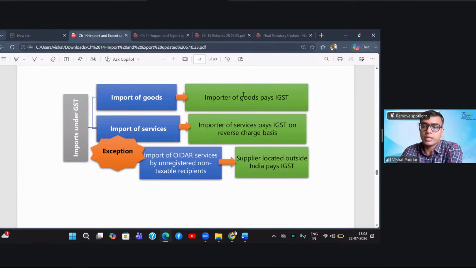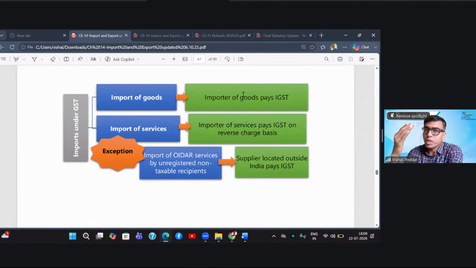The difference is that in case of import of service, it is taxable again to the importer, but with a difference that the importer is liable to pay that tax under 9(3), that is under RCM.